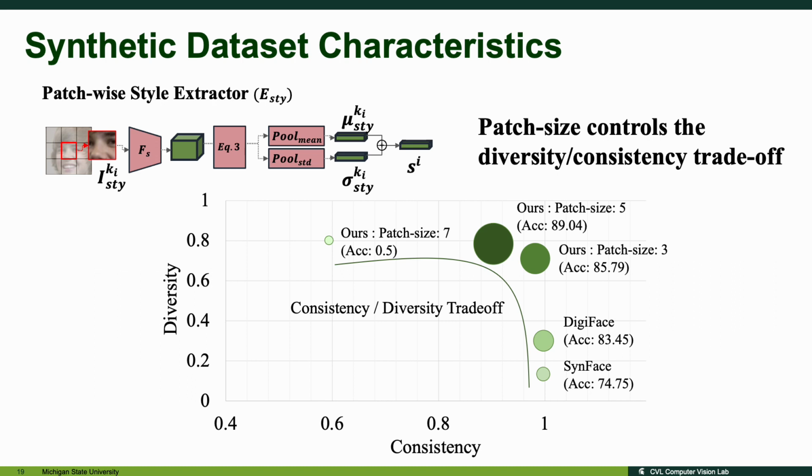Among these options, the optimal choice is a patch size of 5. Furthermore, we compare our result with previous works such as DCFace and CVPR, which exhibit a high ID consistency but limited diversity. The size of a circle indicates the accuracy of the face recognition model trained on the respective datasets.